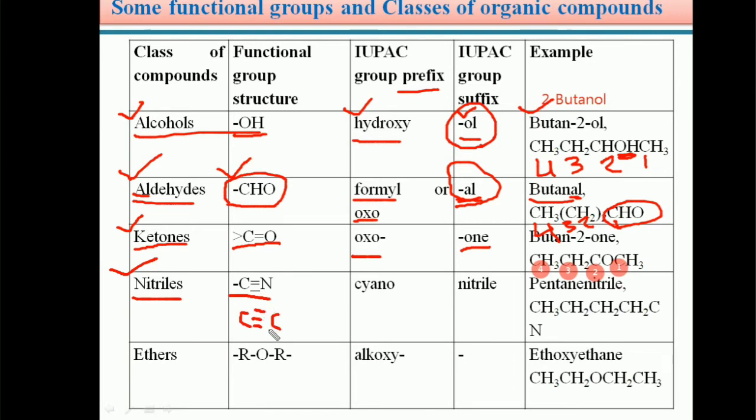Here, in place of one carbon, if you take nitrogen, that is a nitrile class of compound. The nitrile functional group, CN functional group. If this CN is a principal functional group, then the suffix according to IUPAC is nitrile. For example, you can take CH3, CH2, CH2, CH2, CN.